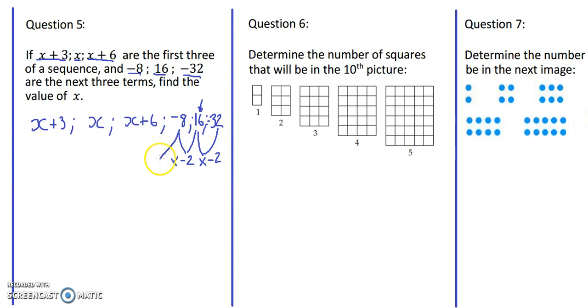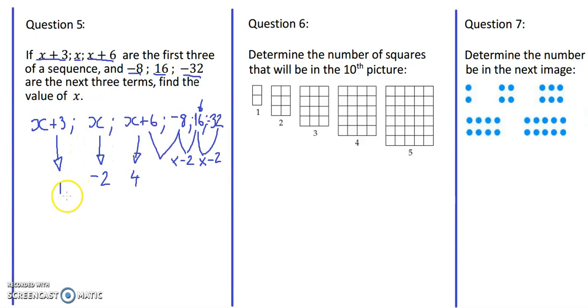So what does this mean about this value over here? Well, now I've got to divide by negative 2. Negative 8 divided by negative 2 is going to be 4, right? That should be 4, which means that this one should be negative 2 and this one should be 1.